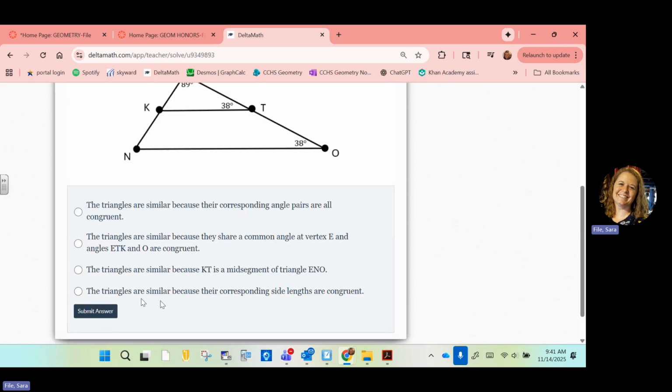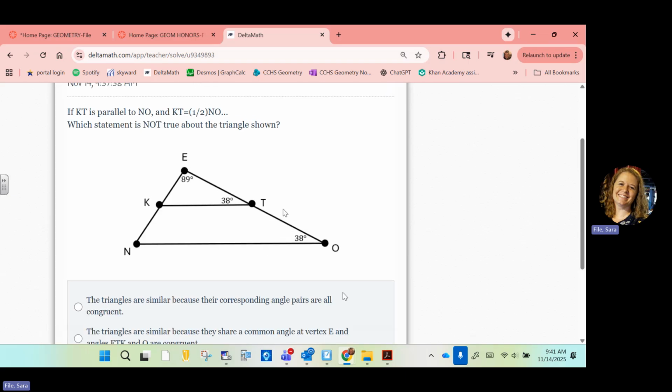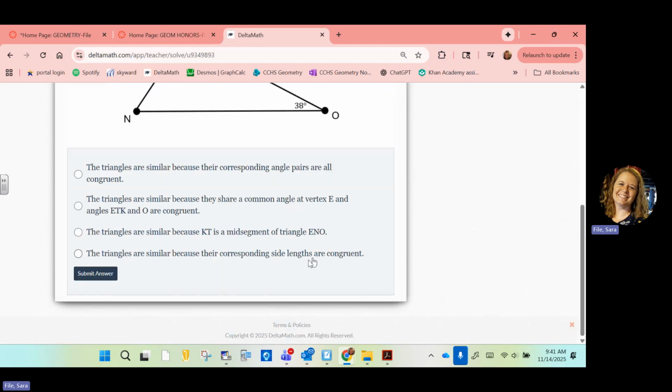The last one says the triangles are similar because their corresponding side lengths are congruent. You know nothing in this image about side lengths. No side length is labeled in the picture. No side length is given. There are no markings. Nothing. We know nothing about side length. And even if the corresponding side lengths were congruent, that would make the triangles congruent.